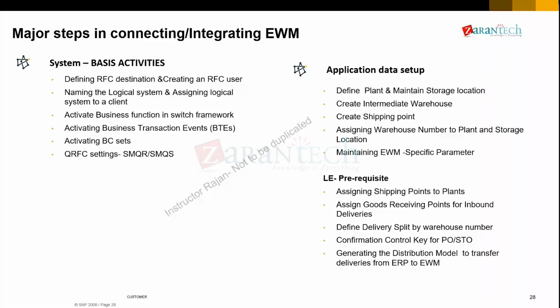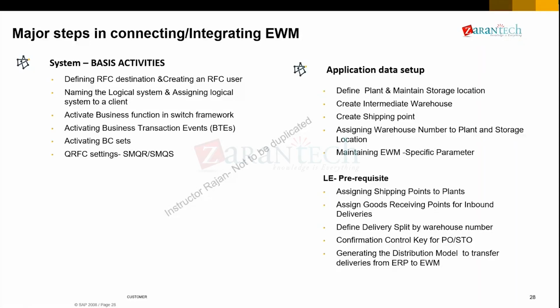That's the main reason for activating the delivery split. And delivery split is at two levels, the warehouse number level and also at the delivery type level. We will discuss what is the benefit of having control at both the levels, and how we can achieve the desired outcomes.